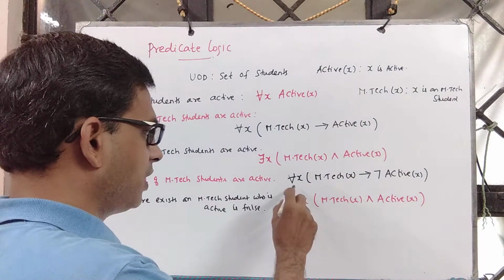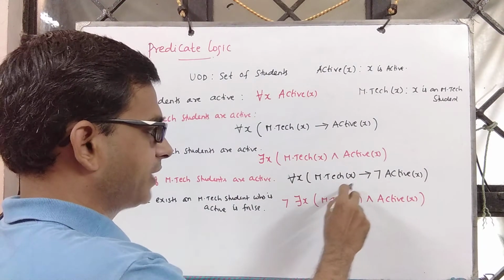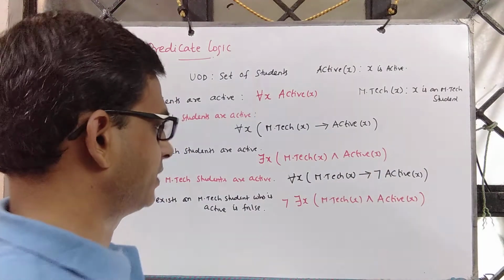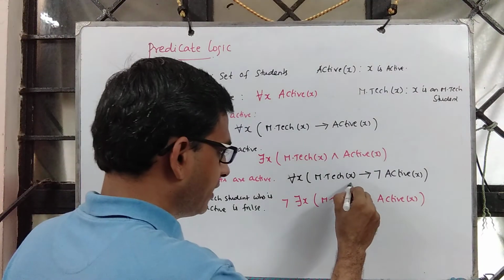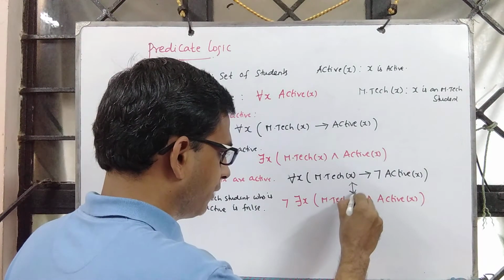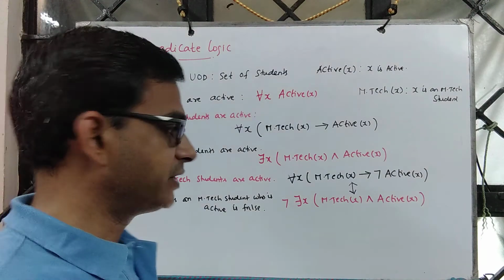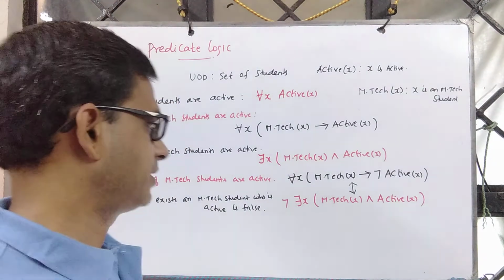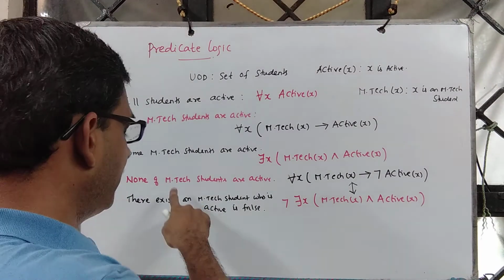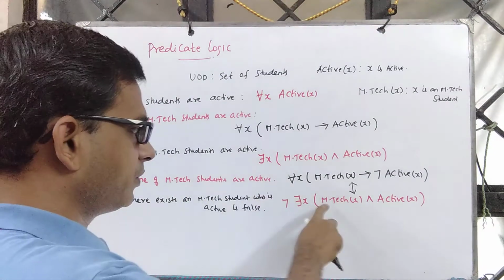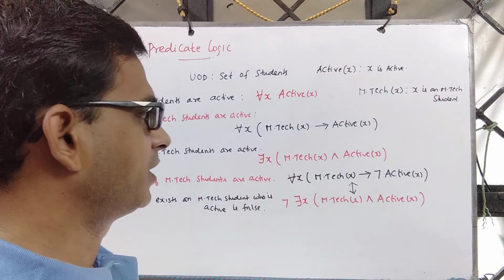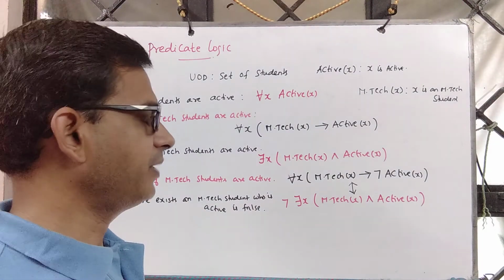Which means for all X, MTech of X implies negation of this. And we know that this and this are equivalent: that there exists an MTech student who is active is false, and none of the MTech students are active. So these two statements are one and the same. Okay.